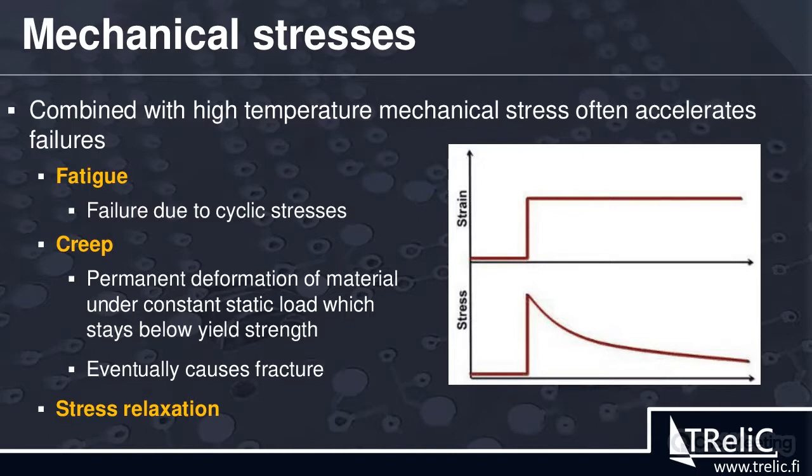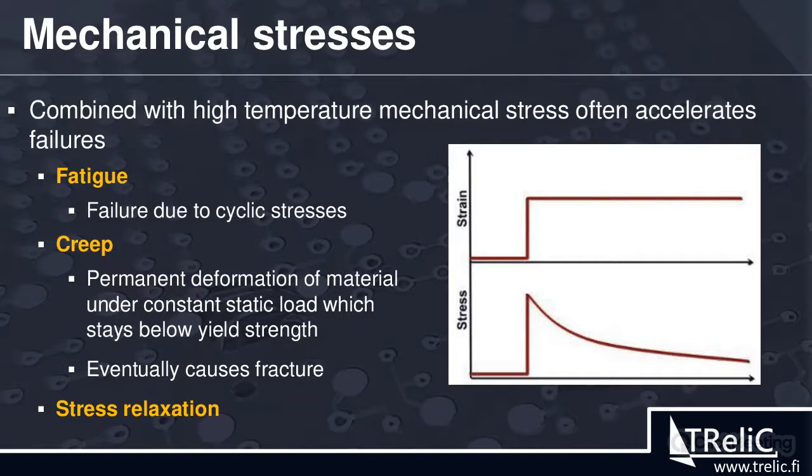Creep is another mechanical phenomenon which is very common. So here, especially with polymer materials and also low temperature metals, we have a situation that we have a stress. For example, we are starting to stretch that elastic band, and it will start to give in.